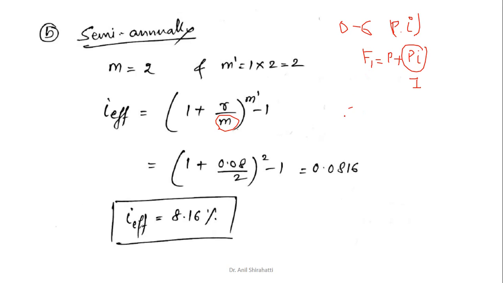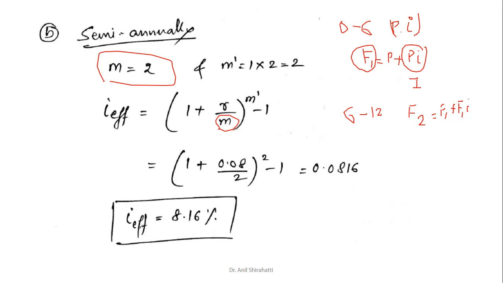Now from 6 to 12 months, what happens? This F1 will become your principal. So at the end of the 12th month, F2 will be equal to F1 plus F1 into the interest rate. Here compounding is done every 6 months, so how many periods are there in a year?